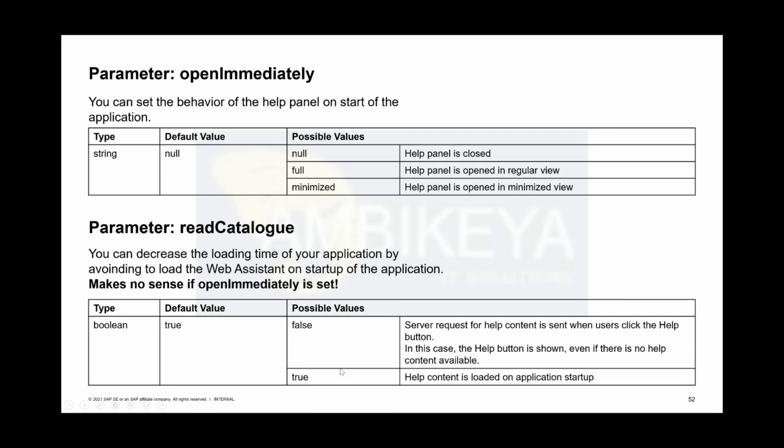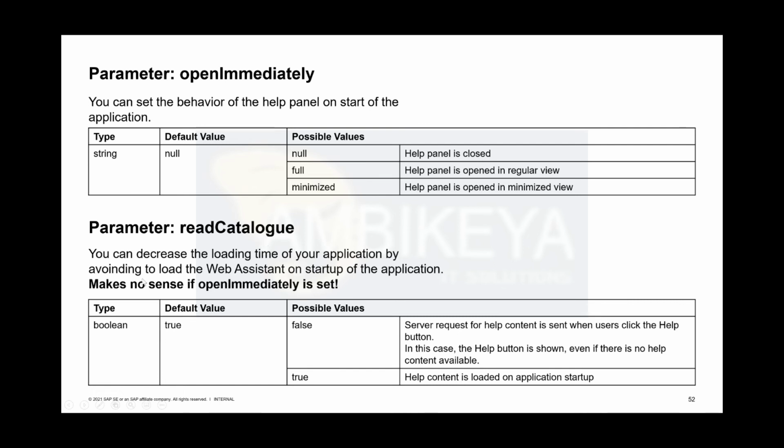If it's true, the catalog request is not submitted to the content source at that moment in time where the application initializes. If read catalog is set to true, the catalog request, the request for the content, happens as soon as the end user is activating the help system once.